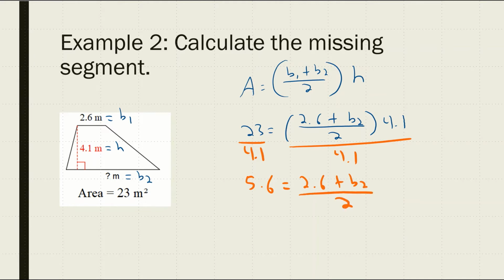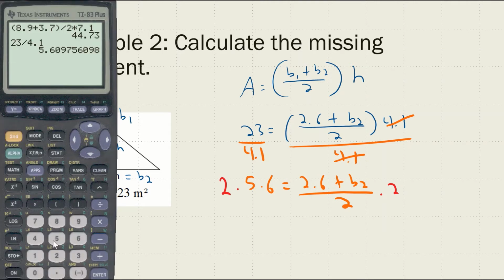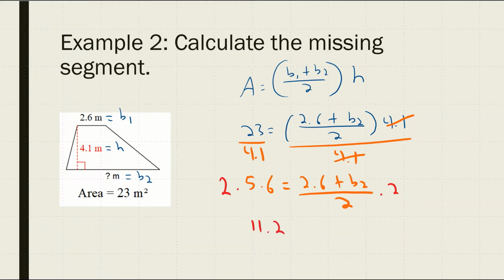Basically what happened was these two canceled out, so we're just left with this on the right-hand side of the equation. And 23 divided by 4.1 is about 5.6. Then we're going to multiply both sides by 2 and subtract 2.6 in order to figure out that B2. So 5.6 times 2 gives us 11.2. 11.2 equals 2.6 plus B2.